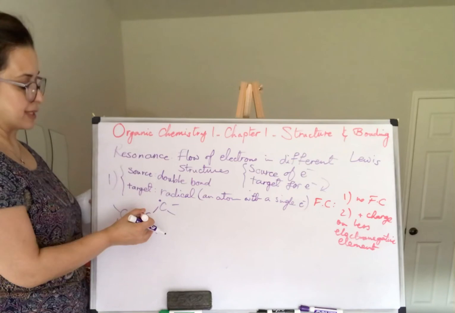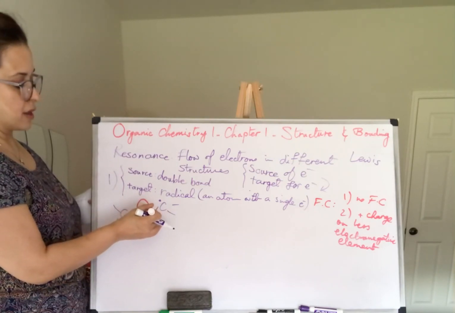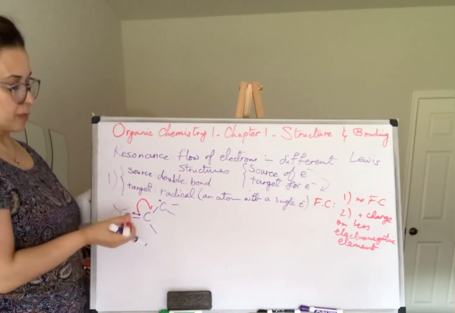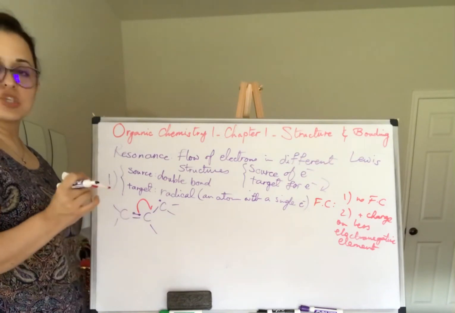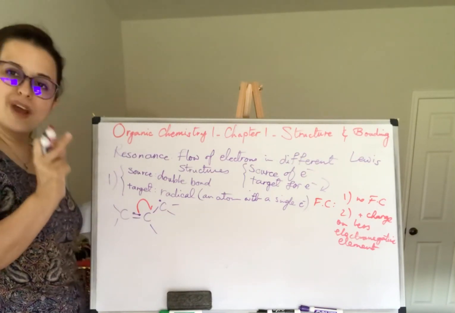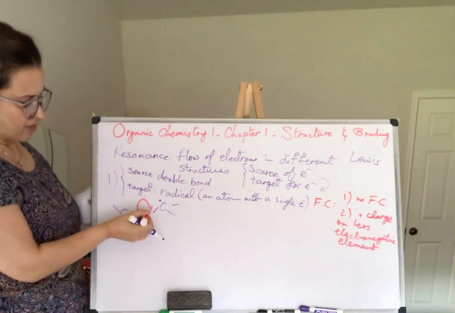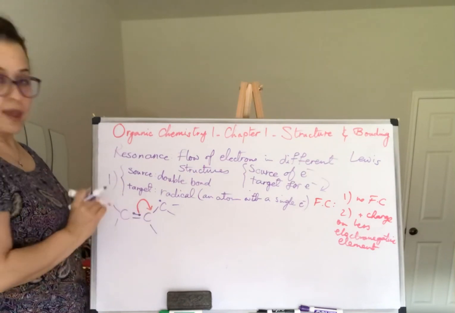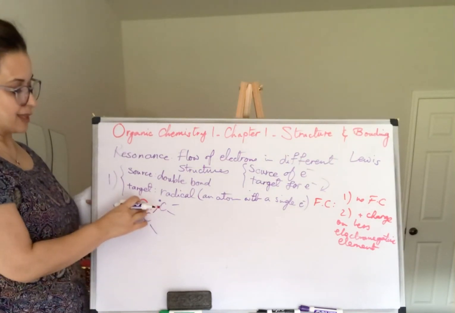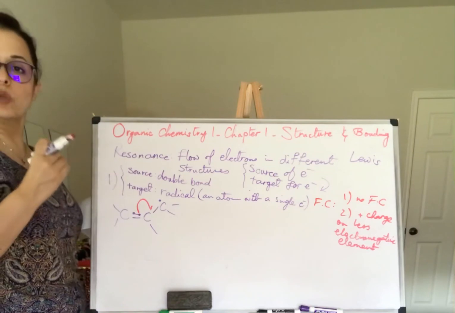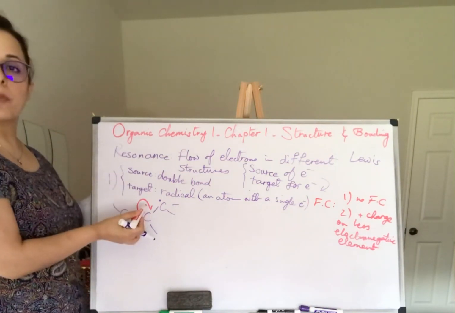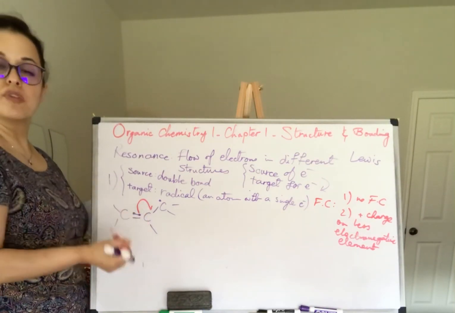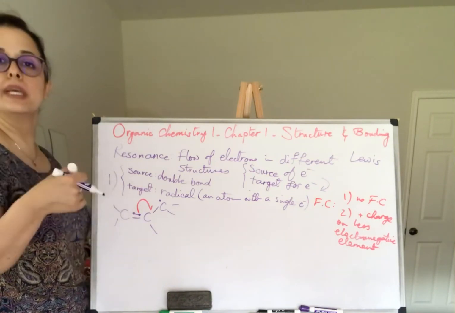So what happens is that one electron moves, and be careful, when you are sharing just one single electron, instead of having a complete arrow, you just show it as a hook. That's the only time that you don't show the complete arrow. If it was a complete arrow, it was a complete pair.